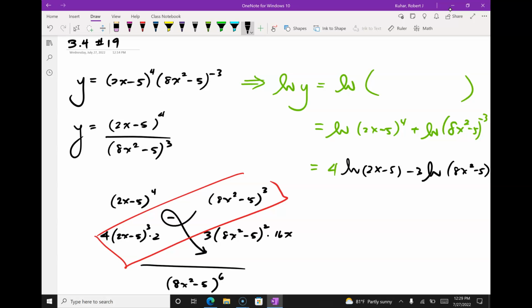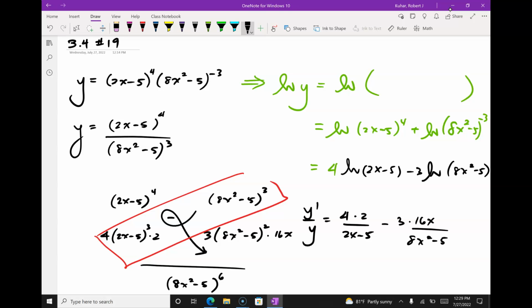And now when I go to take my derivative, I'm using that ln derivative of the inside prime over the inside. So I get y prime over y. I get 4 times 2 over 2x minus 5. Notice the 2 is the derivative of the inside, and then it's over the inside, right? Minus 3 times 16x over the inside, 8x squared minus 5.